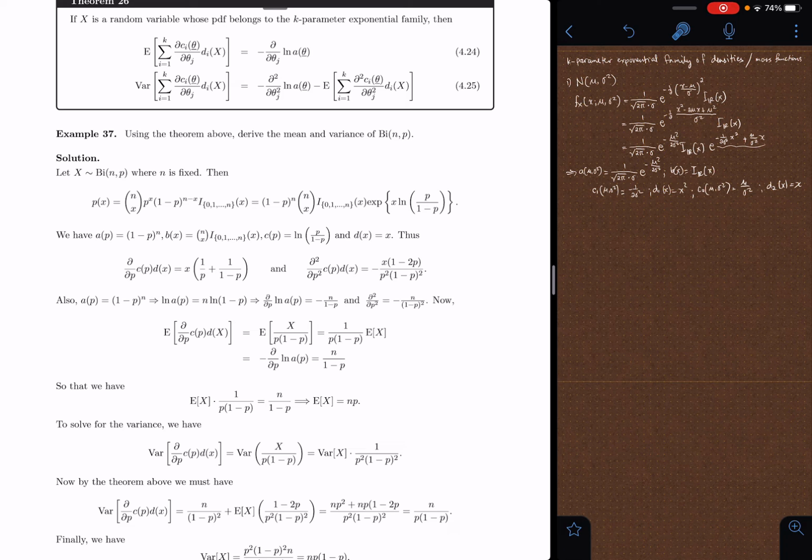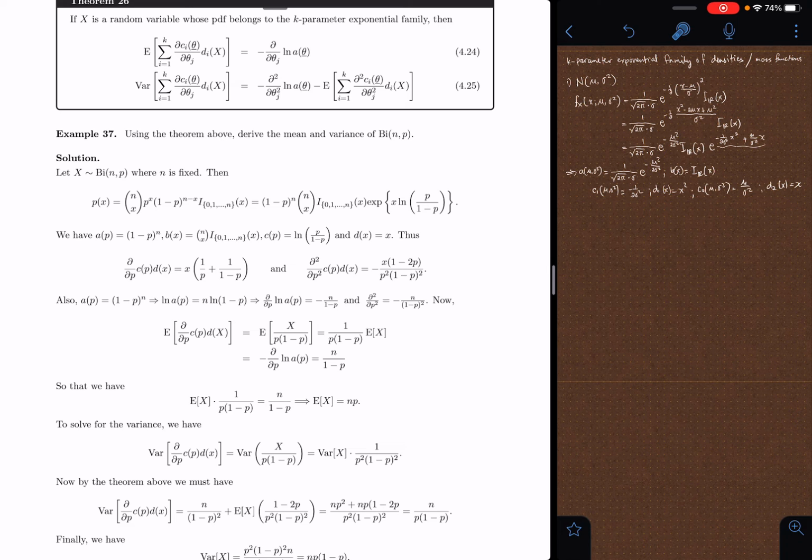Kaya, meron tayong E of X times 1 over P times 1 minus P is equal to N over 1 minus P. Provided that 1 minus P is not equal to 0, pwede natin siyang i-cancel. Kaya, when we solve for E of X, we will get NP na lang. Okay? I hope you can follow that.